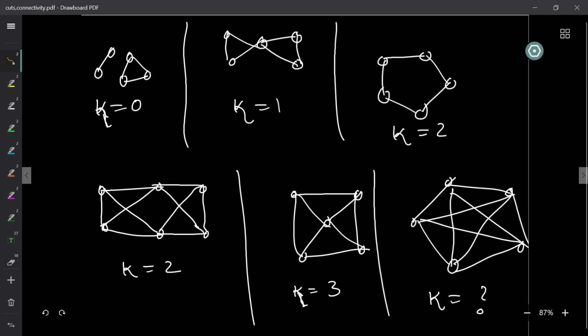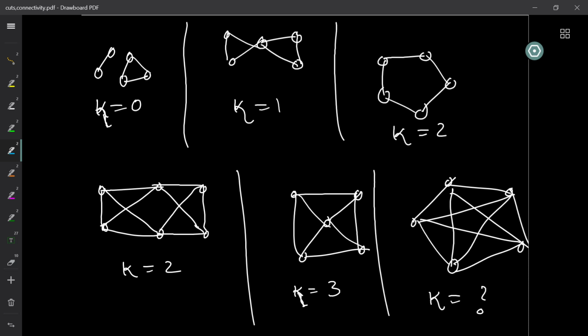The fourth graph, connectivity is again 2 because I have a pair of vertices whose removal disconnects the graph, these two. And for the next graph, the connectivity is actually 3. You can show that by removing 2 vertices, I cannot disconnect the graph for any pair of vertices.